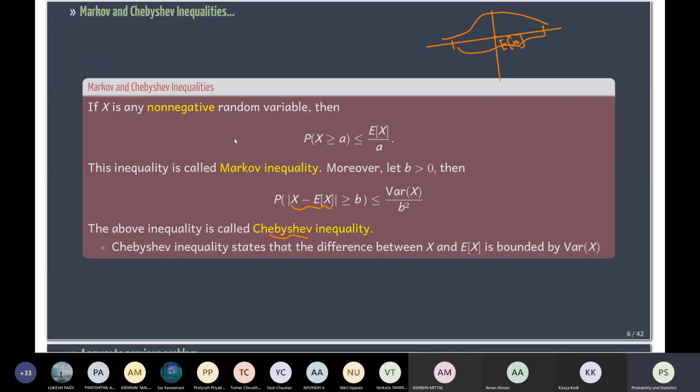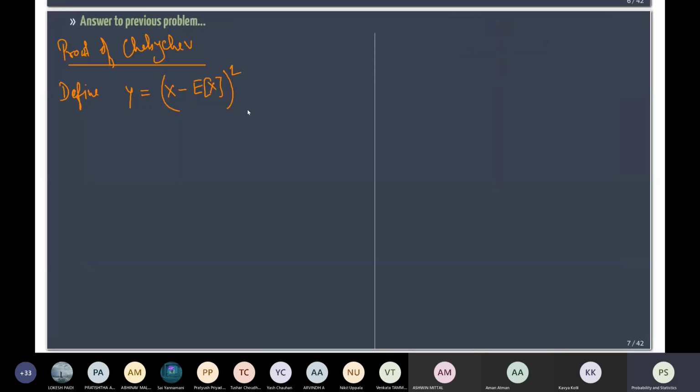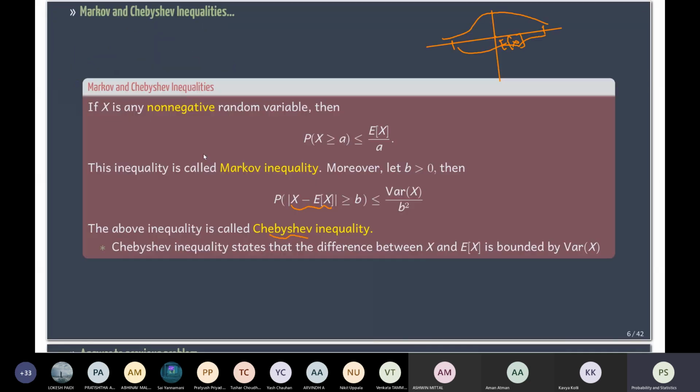Okay, and then by doing this, what I'm making sure is that y is non-negative. Okay, that's fine. So one thing that is known to me is Markov.